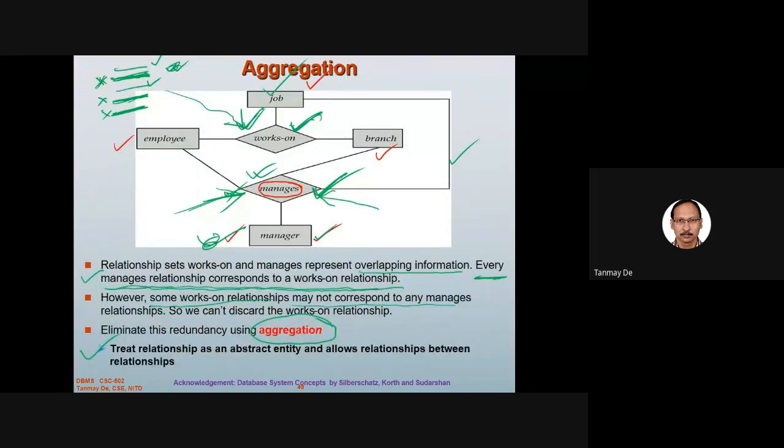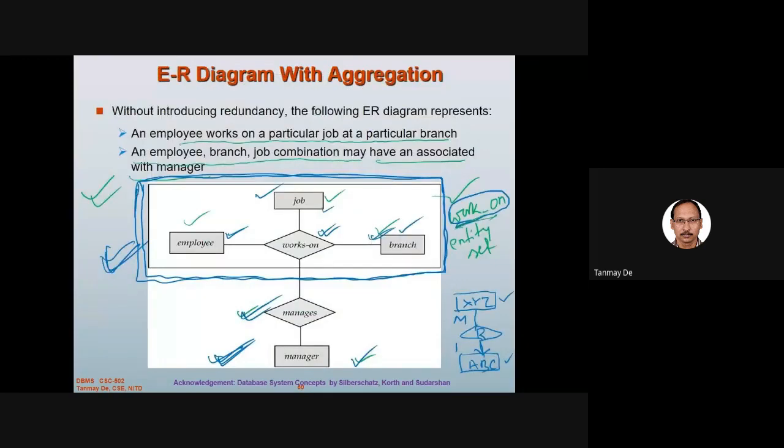If you look at this diagram, you can see this managers relationship is associated with how many entity sets? This managers relationship associates employee, manager, branch, as well as job, all four. Is it? Yes, sir. So managers means he is also associated with the job.